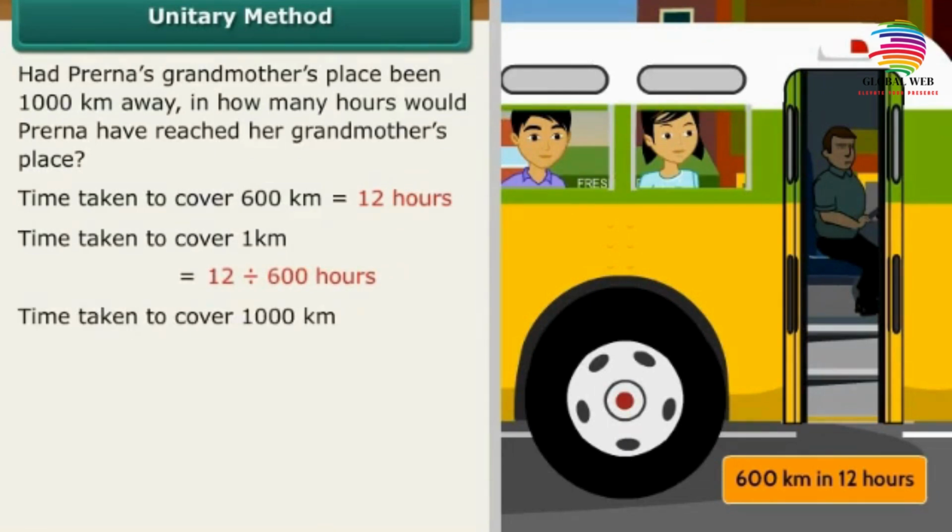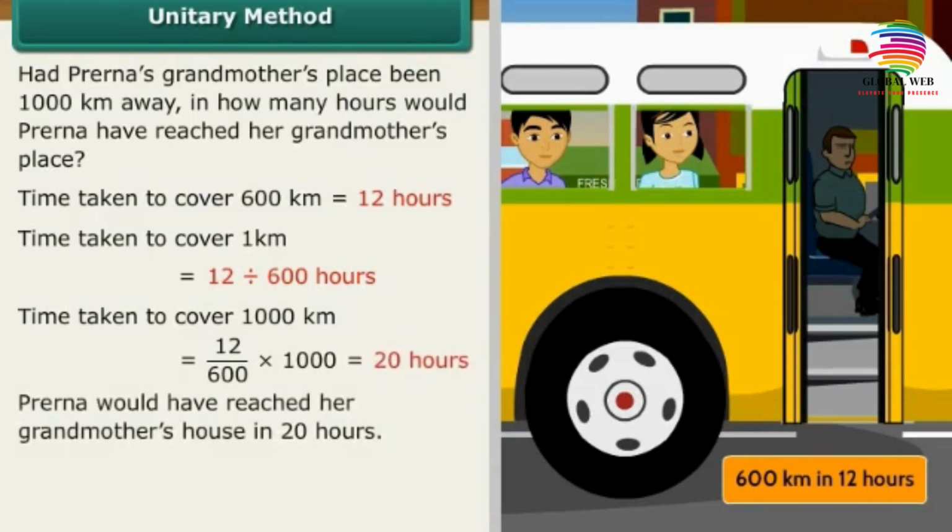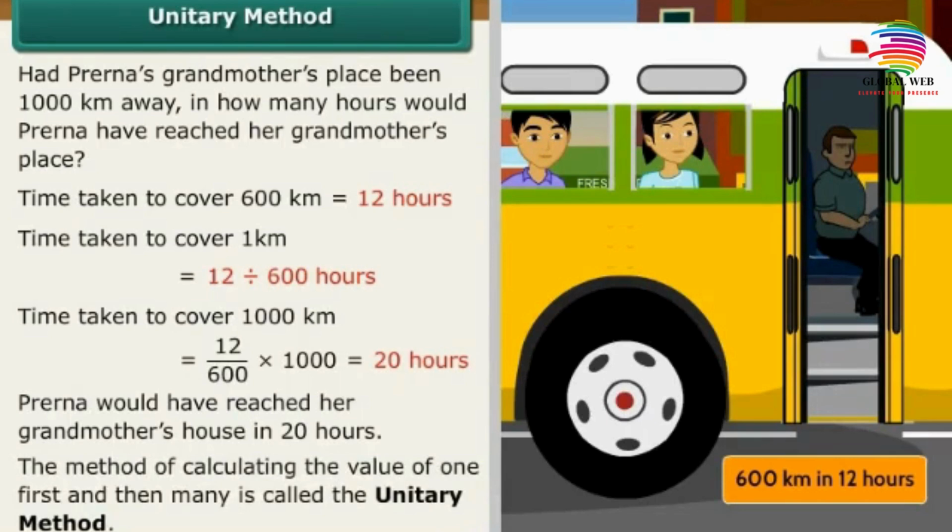Time taken to cover 1,000 km is equal to 12 upon 600 into 1,000, which equals 20 hours. Prerna would have reached her grandmother's house in 20 hours. The method of calculating the value of one first and then many is called the unitary method.